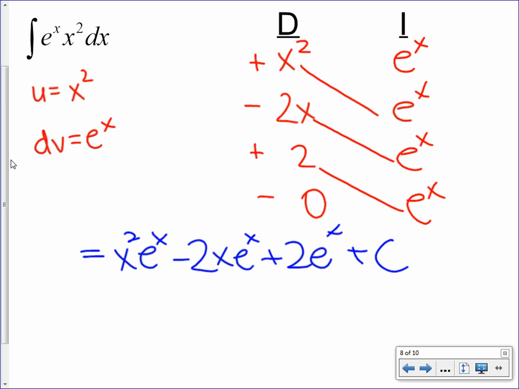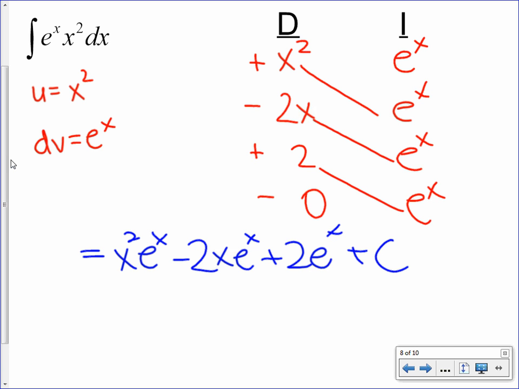Technically we did integration by parts multiple times. We did integration by parts twice, but we just did it all together so that we wouldn't have to re-identify u and dv, because they were going to be similar every time. Yes, Grant?